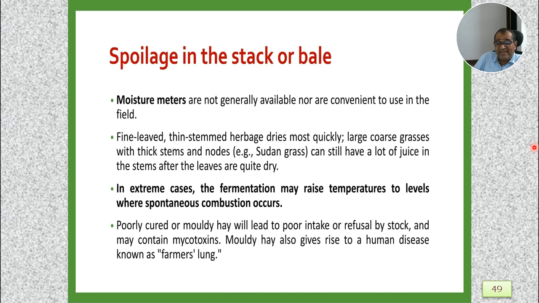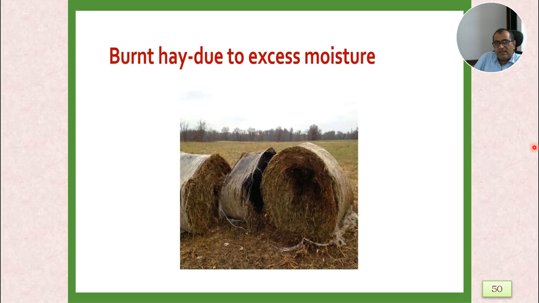Moldy hay also gives rise to a human disease known as farmer's lung. If a farmer handles moldy hay, farmer's lung, a characteristic respiratory disorder, may be produced. Sometimes burnt hay due to excess moisture may also occur.